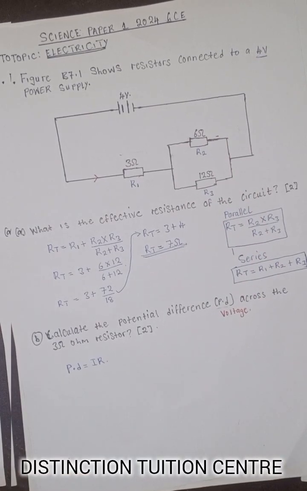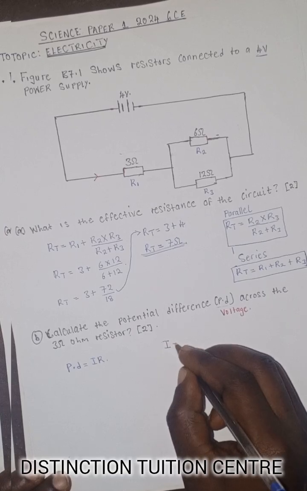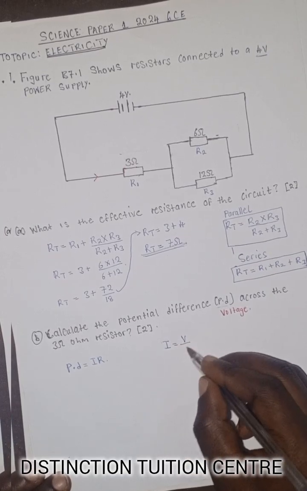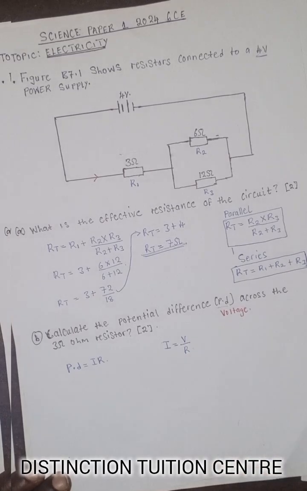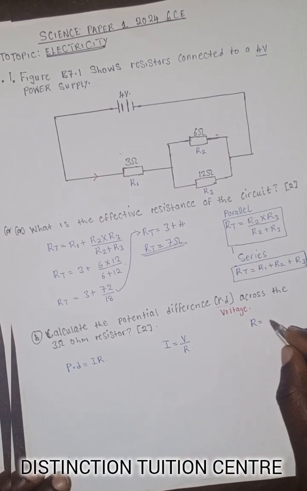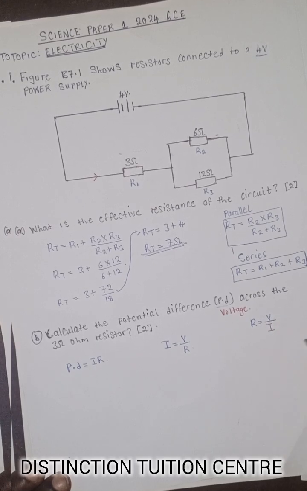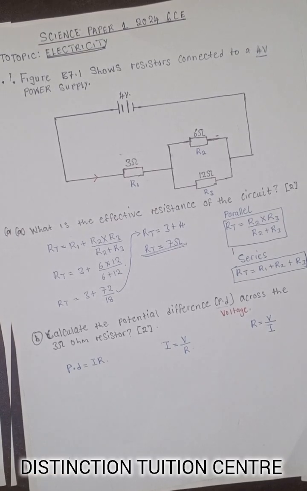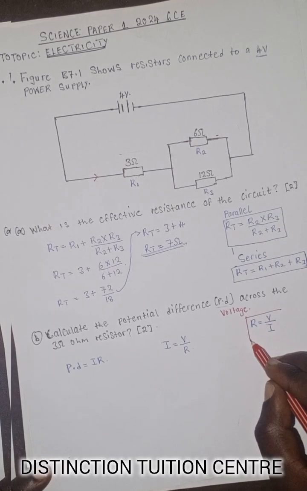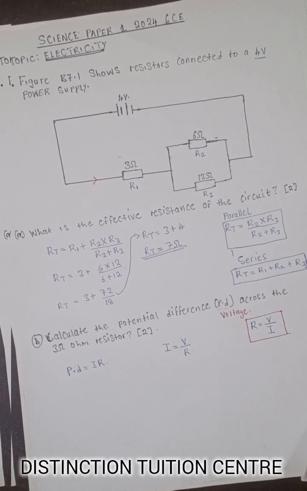What's the formula for current? Current is given by the total voltage in the circuit divided by the total resistance. This formula comes from Ohm's law, where resistance is equal to voltage divided by current; we've just made I, the current, the subject of the formula.